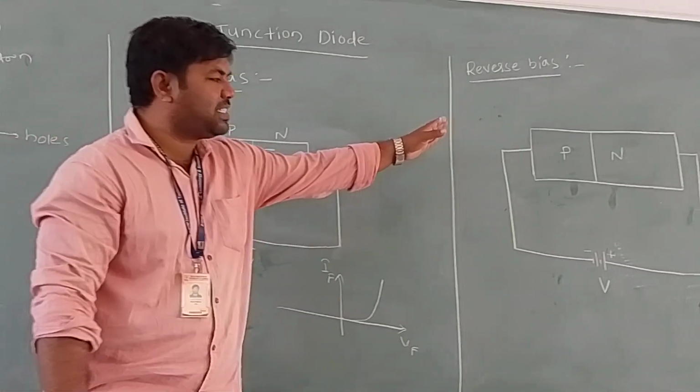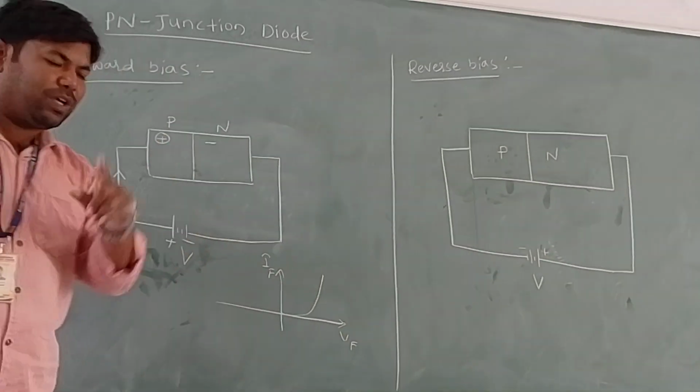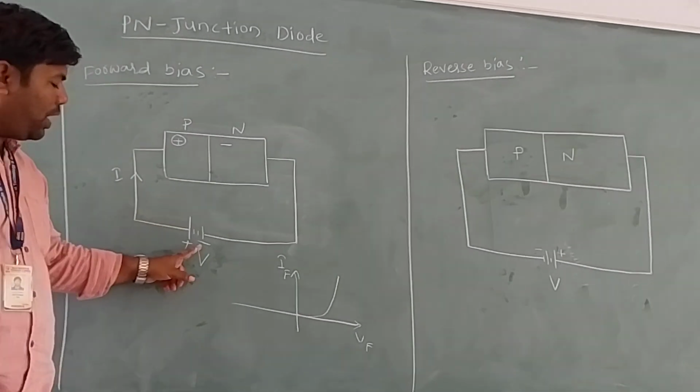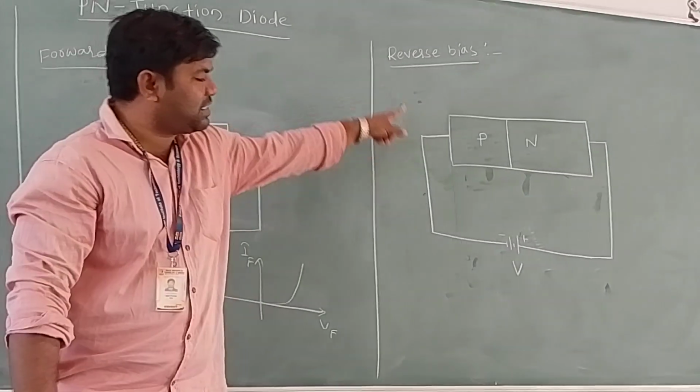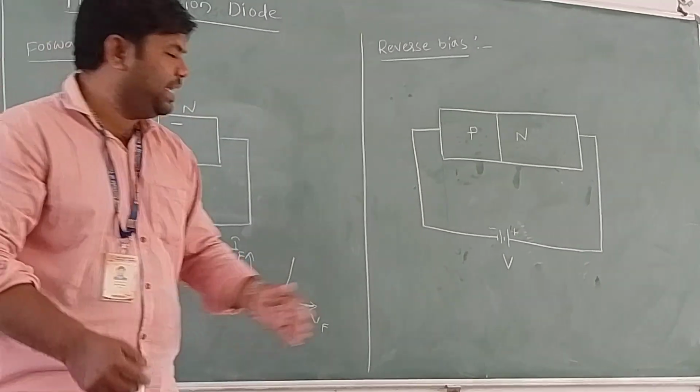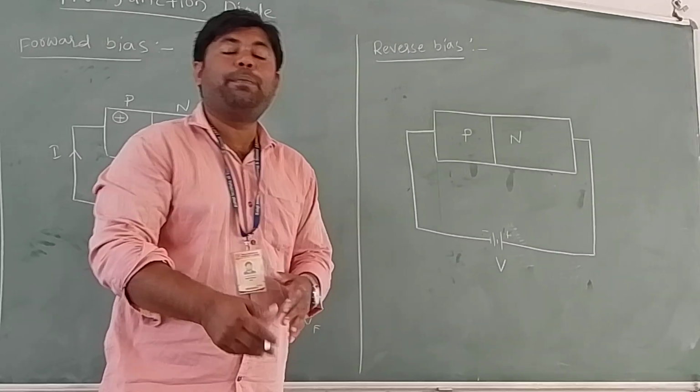Now coming to the reverse bias condition. In forward bias the positive polarity is connected to the P side, but in reverse bias we apply the opposite polarity.